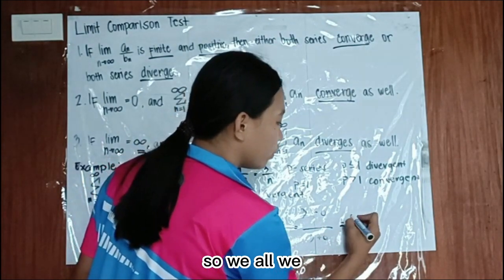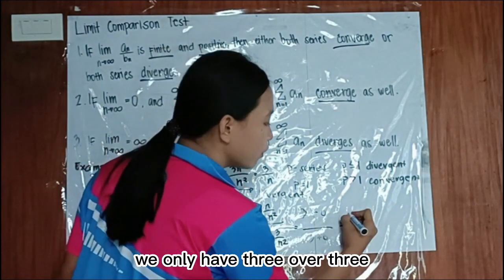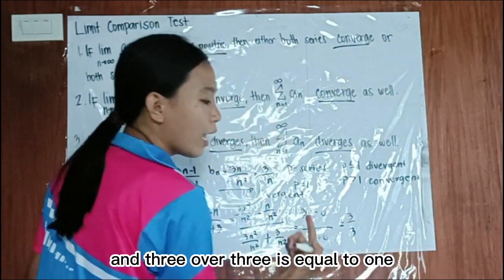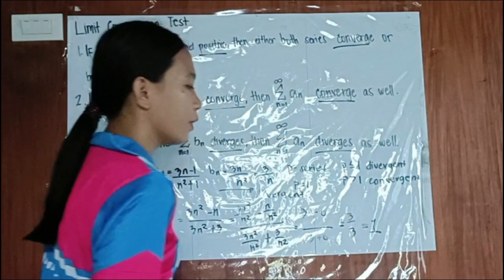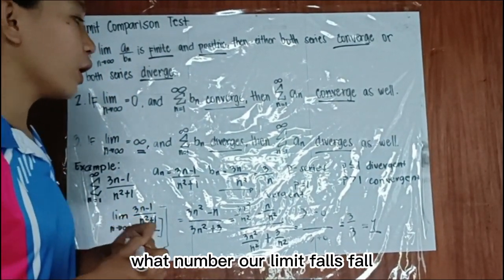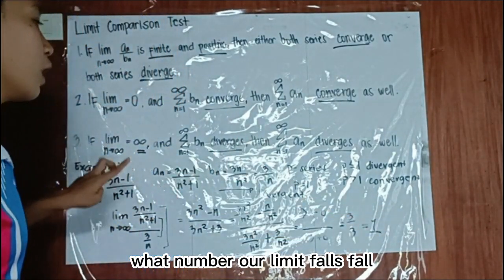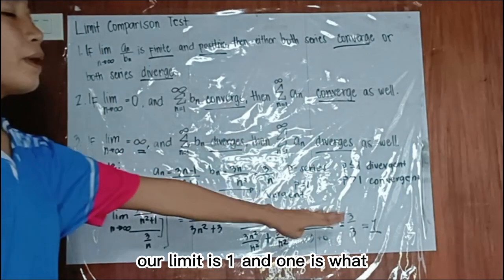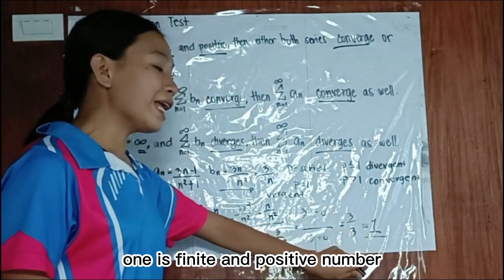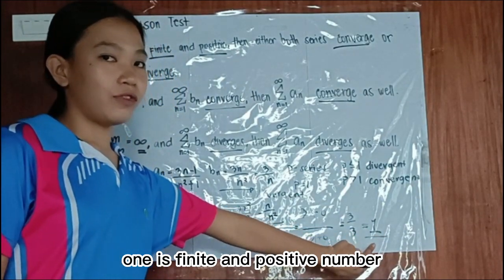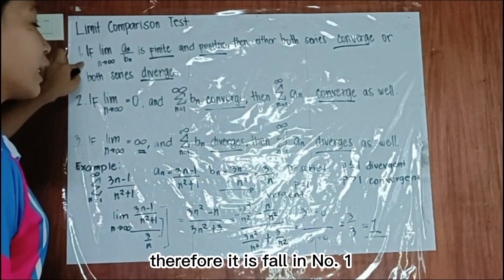So we only have 3 over 3, and 3 over 3 is equal to 1. What number does our limit fall under? Our limit is 1, and 1 is what? 1 is a finite and positive number. Therefore, it falls under number 1.